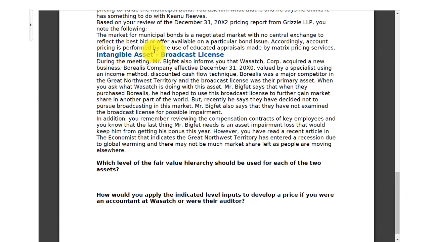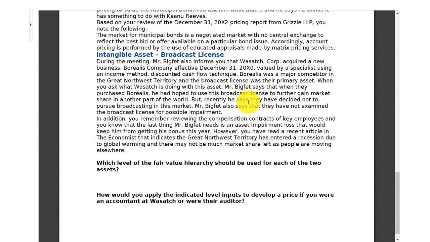Now on the last one here, you're going to look at the value of this broadcast license based on how much it's going to save the company using discounted, that means present value, of the future cash flows. So you're going to figure out what cash flows are going to be, or what you predict they're going to be going forward.